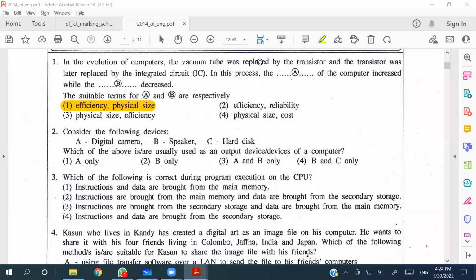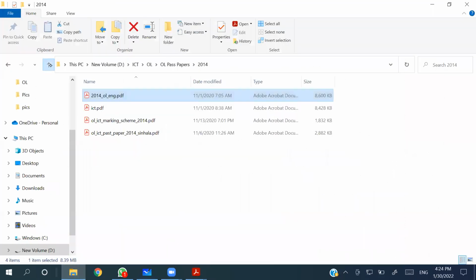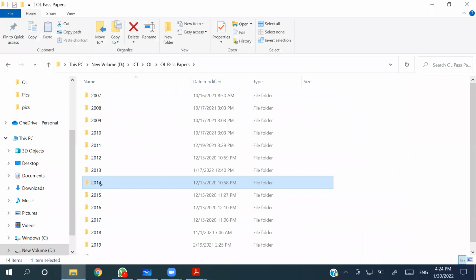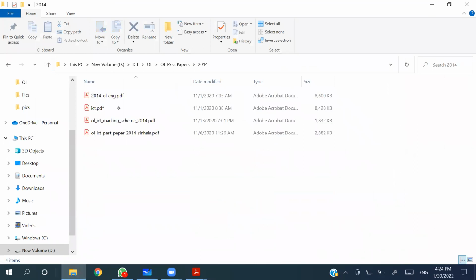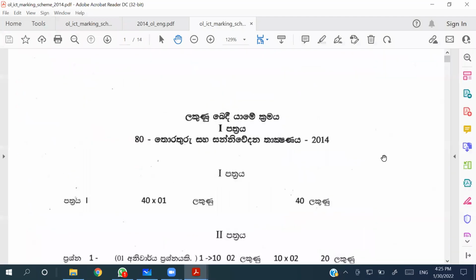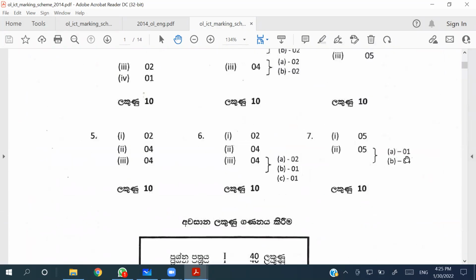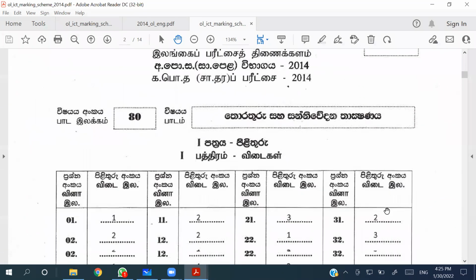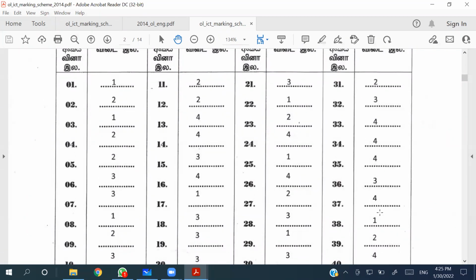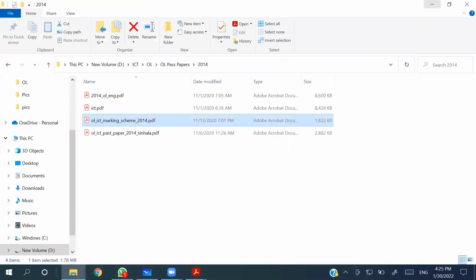So we can take B only as the answer. Let's check it with the marking. Hold on. Yeah, second one, it is 2.